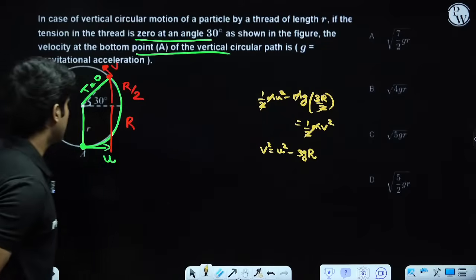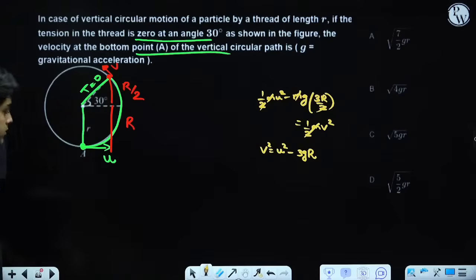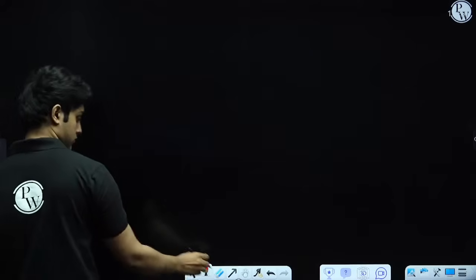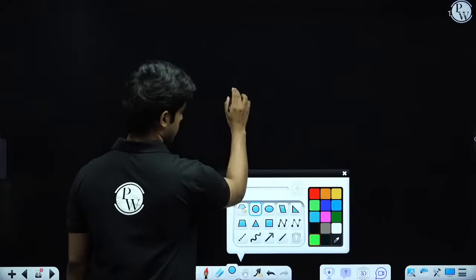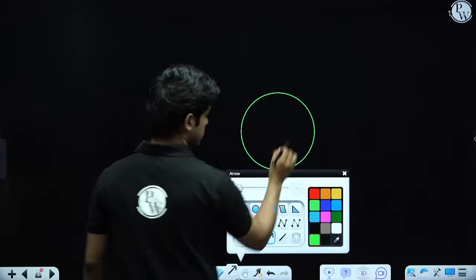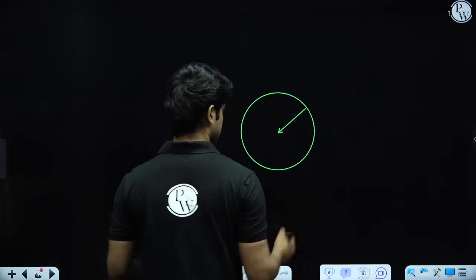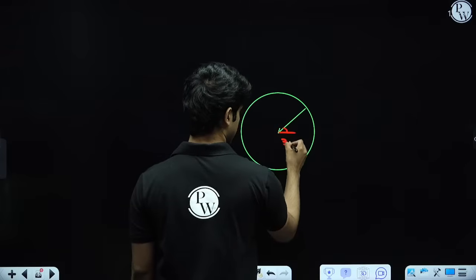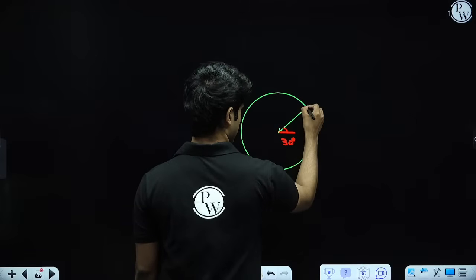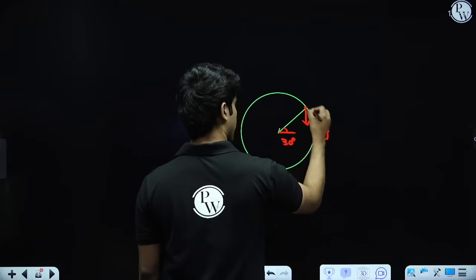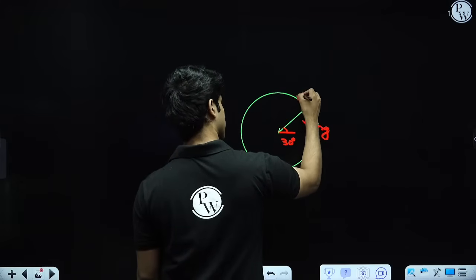Now we just have to make the tension in the string 0 over there. This angle was 30 degree. So the weight force is in this direction. Velocity is in this direction.